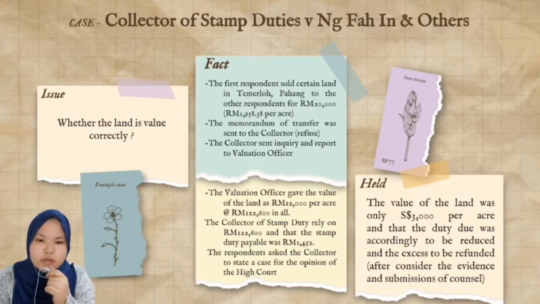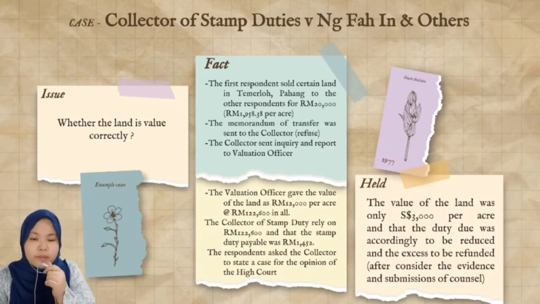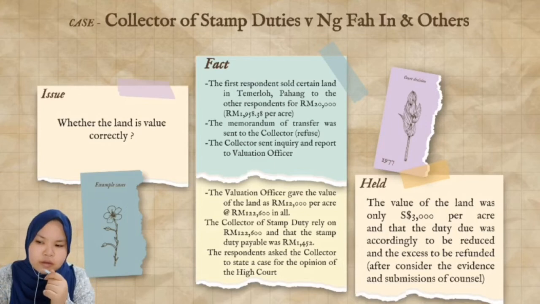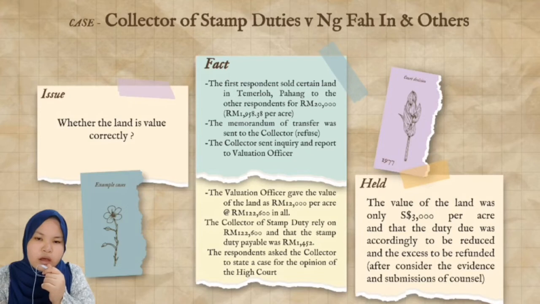The respondent asked the collector to state a case for the opinion of the High Court. The court held that the valuation of the land was only 3,000 per acre, and the duty was accordingly to be reduced and the excess refunded, after considering the evidence and the submissions of counsel.